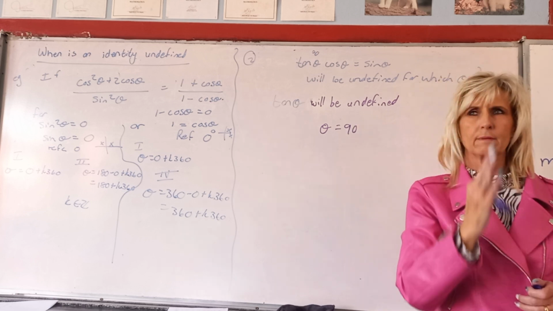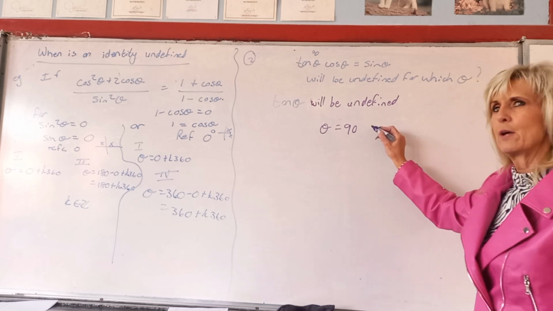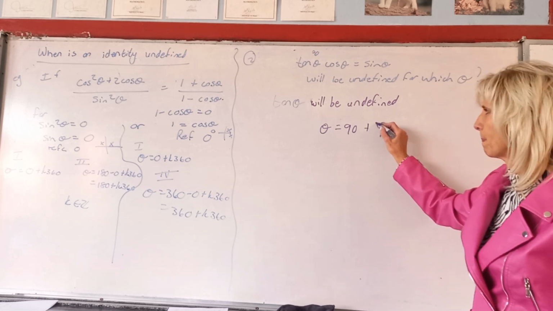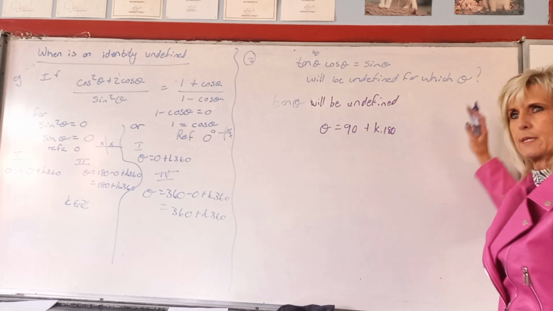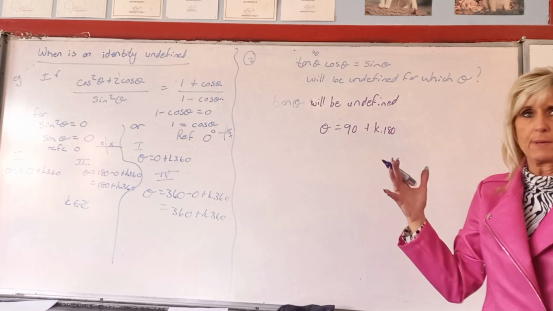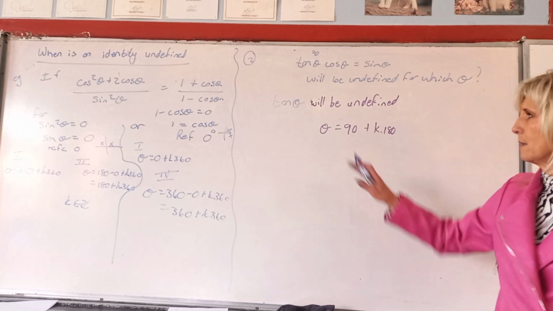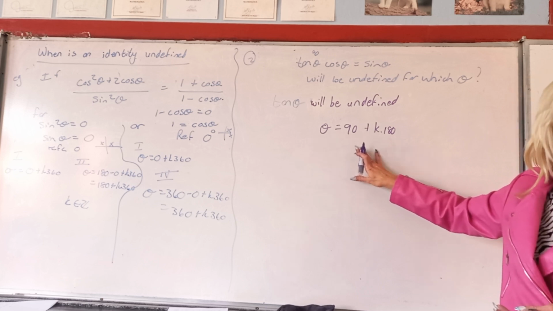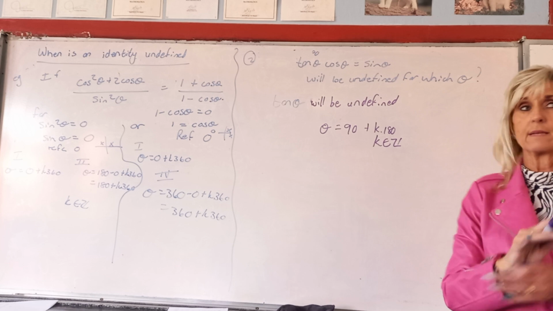Do you agree? Are you seeing the graphs? 90. But what about all the others? Because then you get to 270, etc. And you're going to get to minus 90, etc. So this is a pattern. This will always be the problem for tan, if that's the value. That's it.